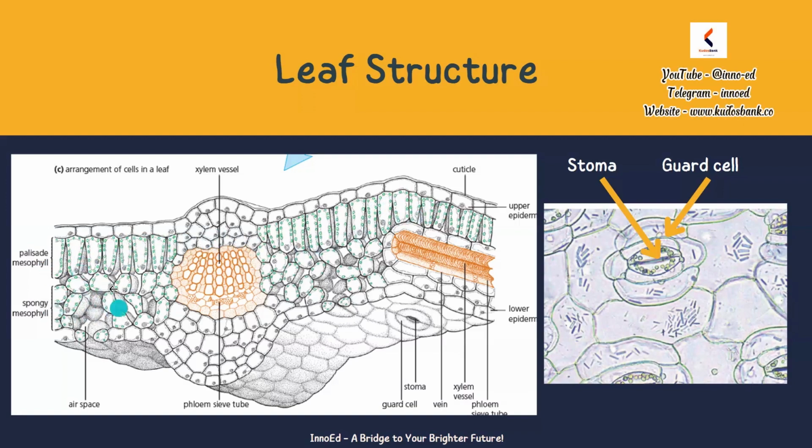The layer beneath the palisade mesophyll layer is the spongy mesophyll layer. So these spongy cells are quite spherical and rounded, and they are loosely packed. There are lots of air spaces in between those cells. Those air spaces are used for gaseous exchange.